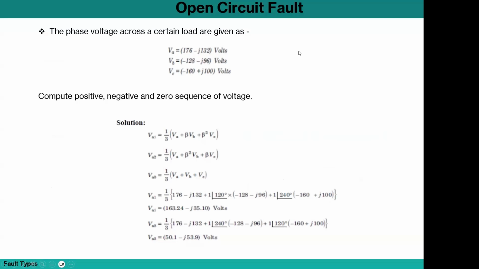We want to do analysis, and a convenient method to proceed with is the symmetrical component, to find the symmetrical component of the unbalanced system. We have found that we can decompose the unbalanced system into three symmetrical components: the positive sequence, the negative sequence, and the zero sequence.